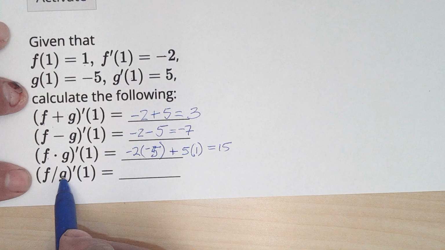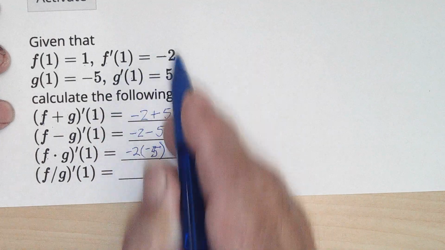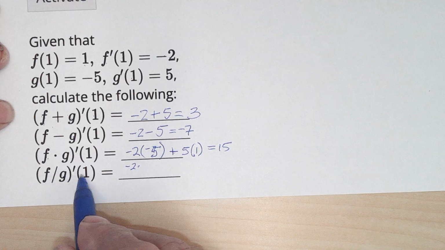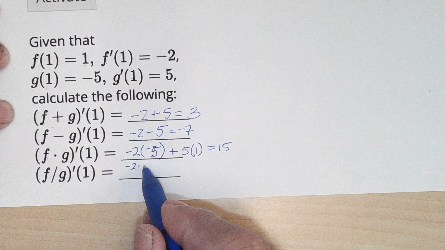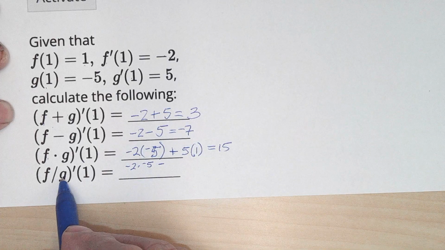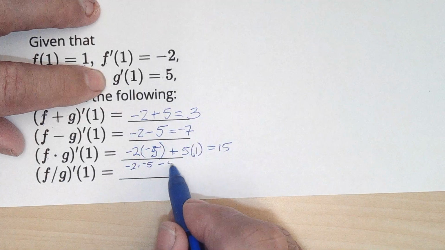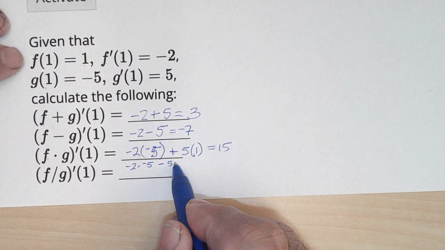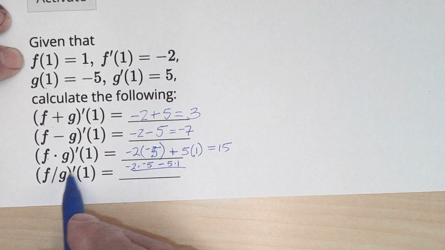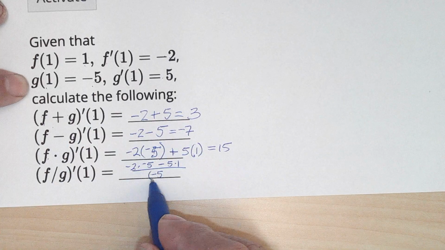And finally, the quotient rule. It's the derivative of the numerator, so f at 1 is minus 2, times just the value of g at 1, so that would be the minus 5, minus the derivative of the denominator, which would be g at 1, which would be 5, times the numerator, not its derivative, and that's 1, over the denominator, not its derivative, squared.